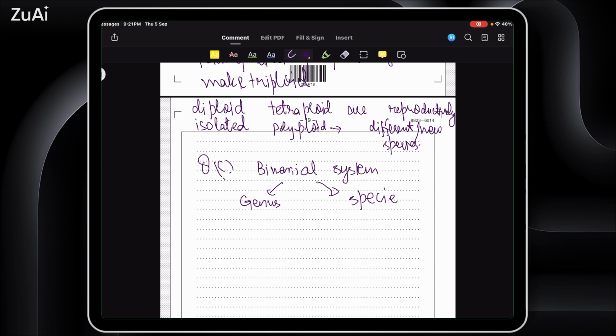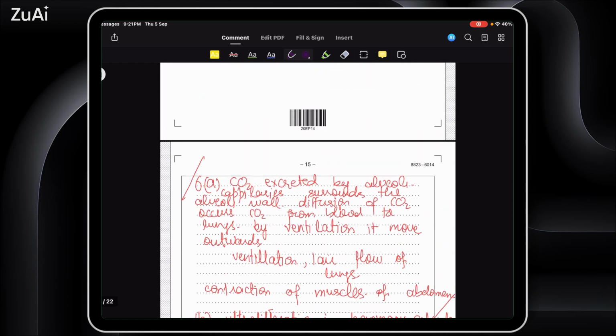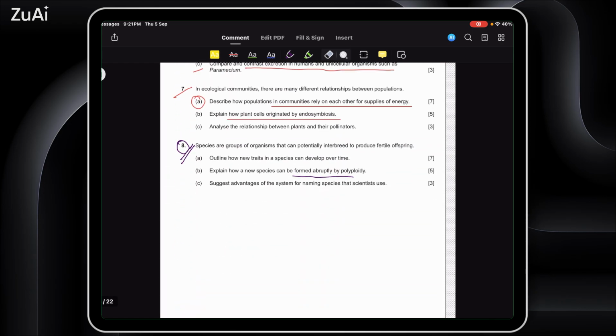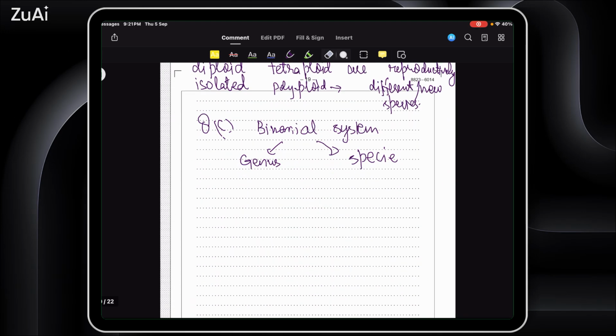So that's why we can say that an advantage is that it is internationally accepted. Internationally accepted system.